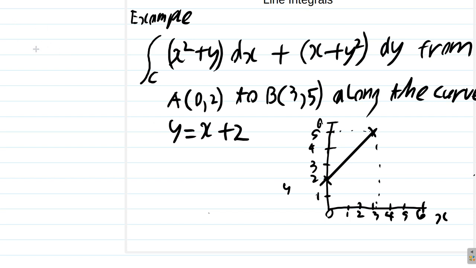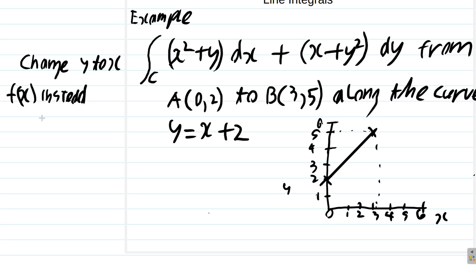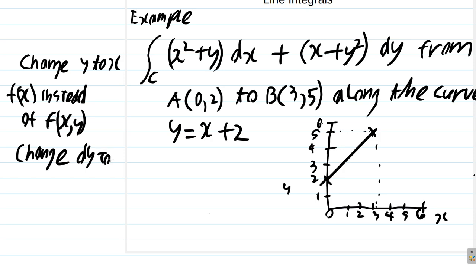So what you do is change y to x. This will give you f of x, instead of f of x and y. Alright. You also change dy to dx. How do you do that?